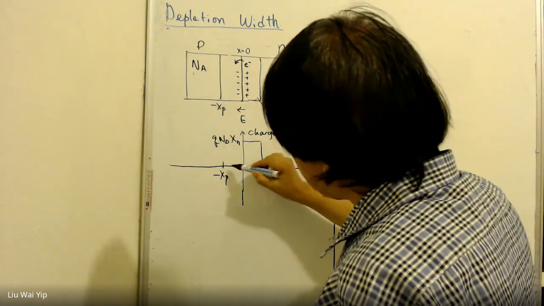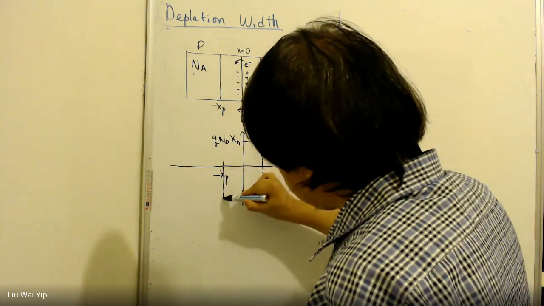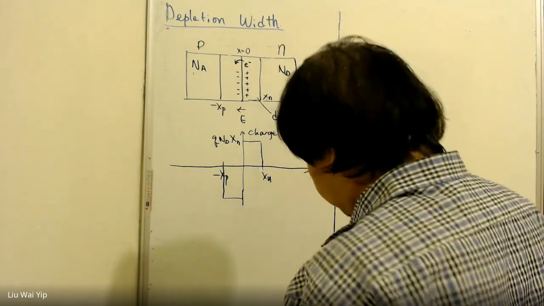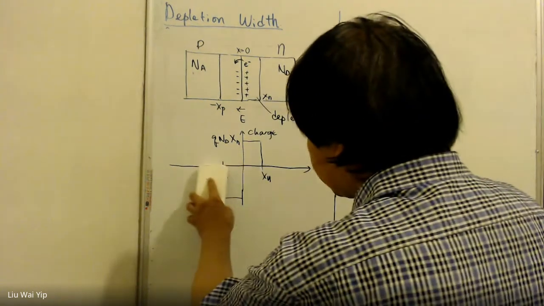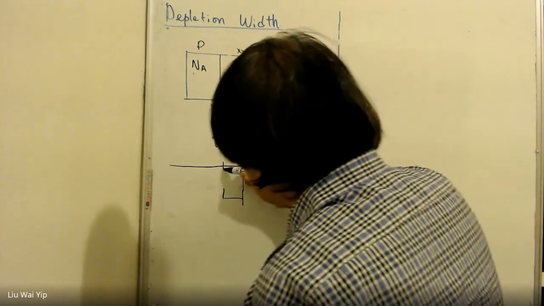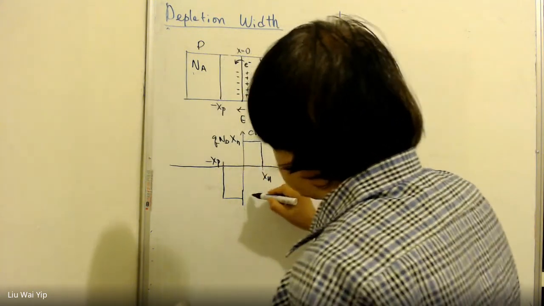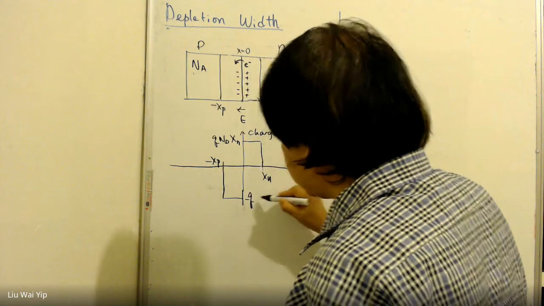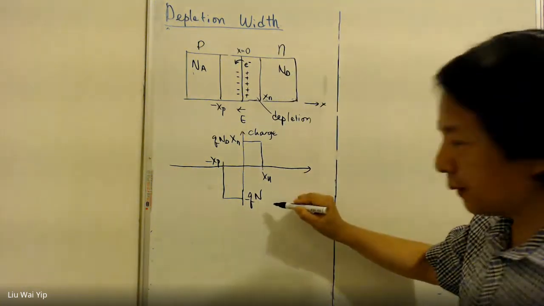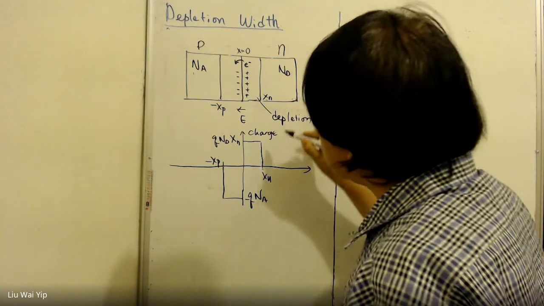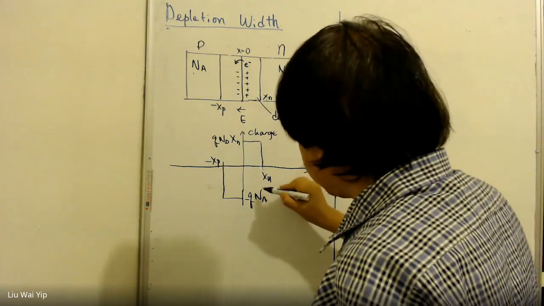The amount of charge, according to this diagram, is q times Na times xp.